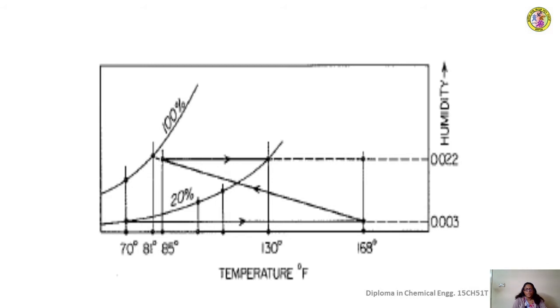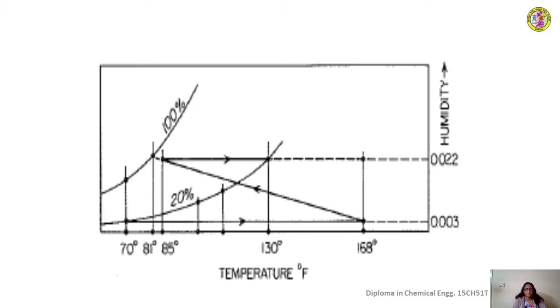Now if you want to carry out the operation by the adiabatic cooling method, then first you have to heat the initial mixture to a certain high temperature, from where you can cool the mixture adiabatically so that the desired humidity is reached. That heating operation is represented by the straight line shown in the figure.